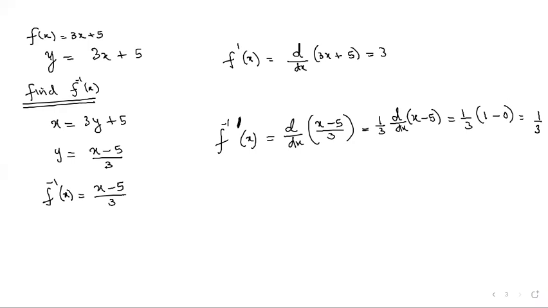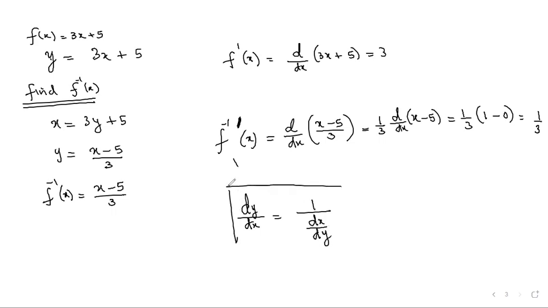What have you noticed? The relation between the derivative of the function and its inverse function: they are reciprocals of each other. So instead of finding dy by dx, you can find dx by dy and take the reciprocal.